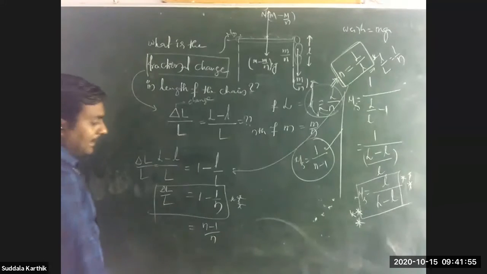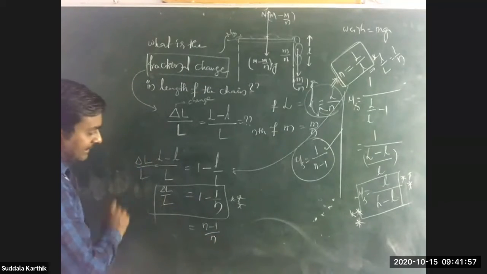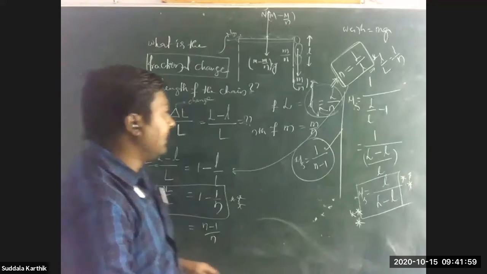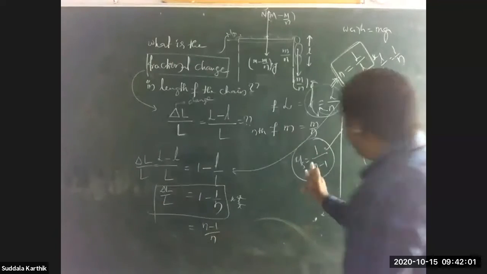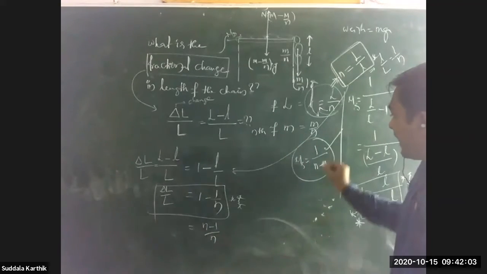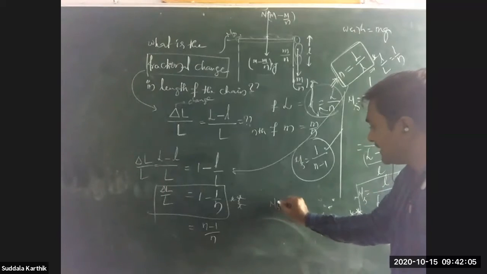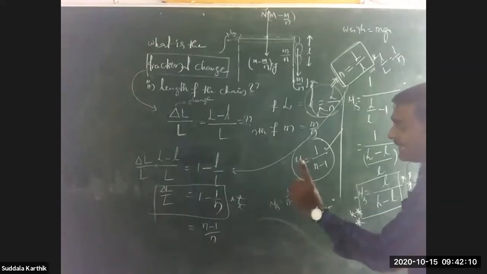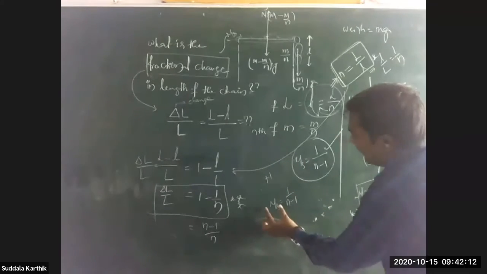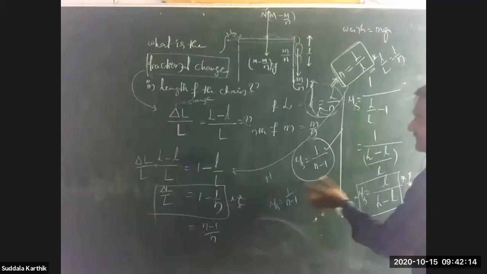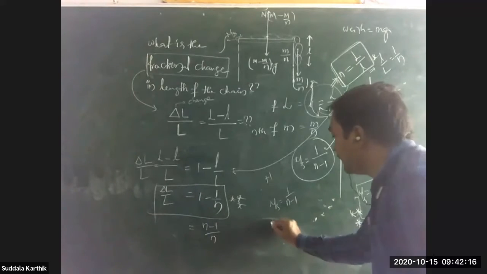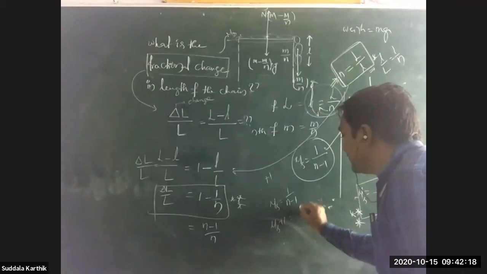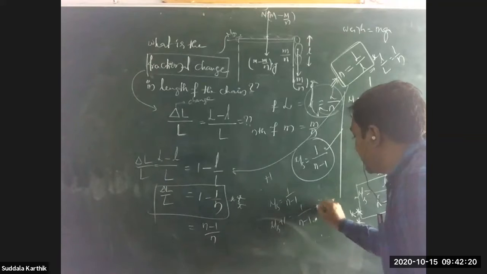And you can also write this as delta L by L. Simply, I am writing mu s is equal to 1 by N minus 1. Adding 1 on the LHS and on the RHS, you will get mu s plus 1 is equal to 1 by N minus 1 plus 1.